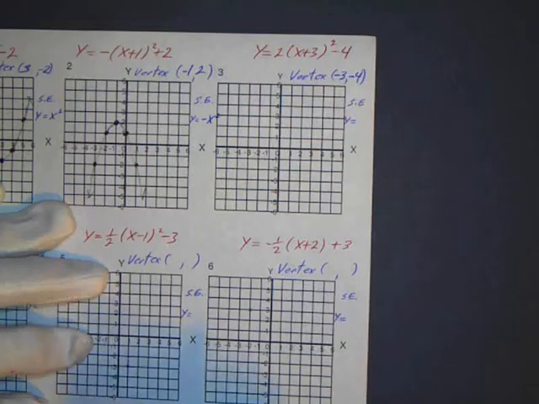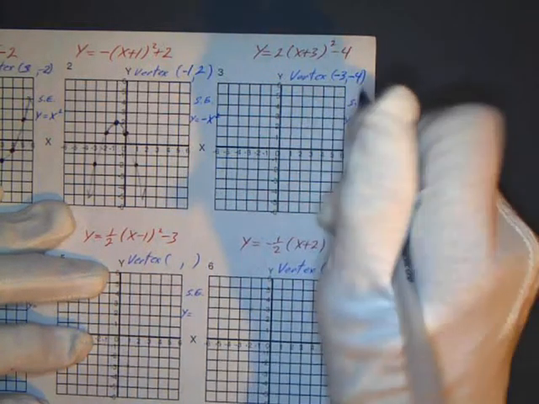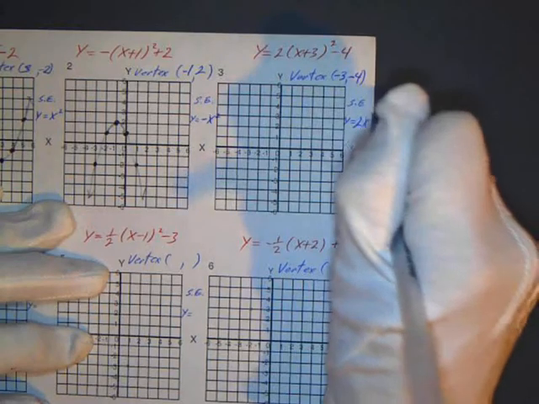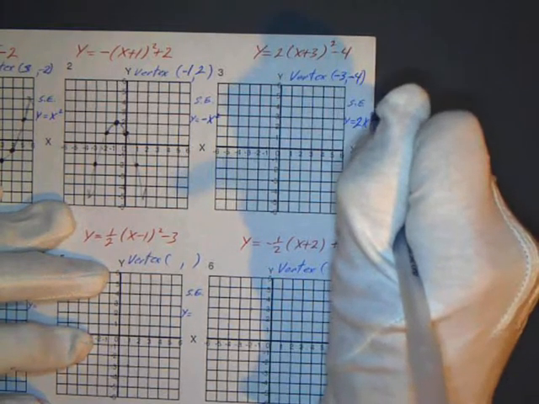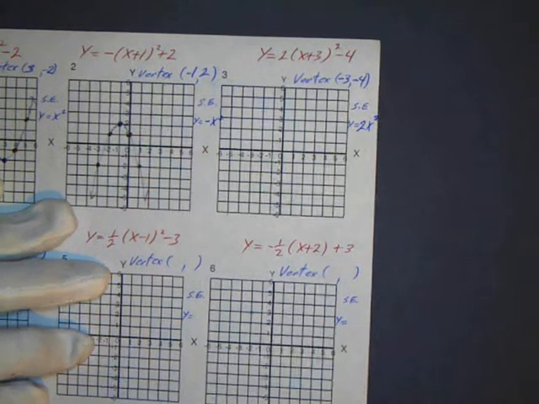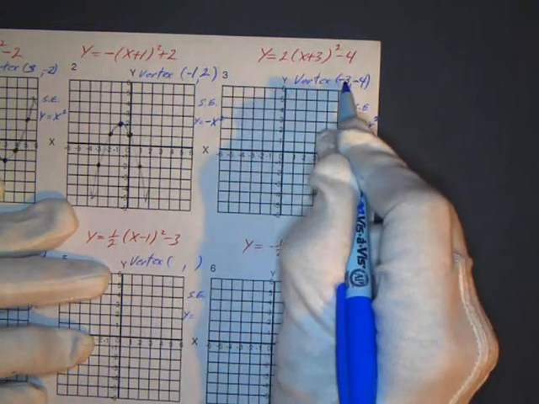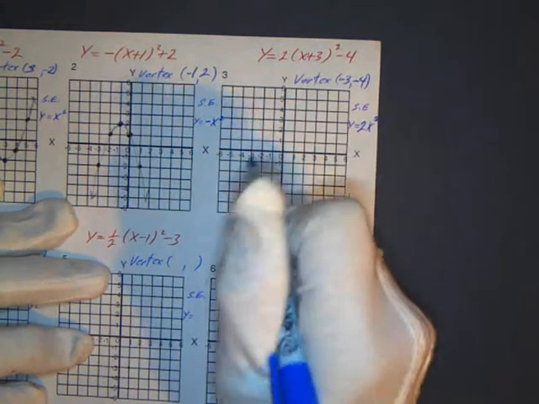And my shape equation, well, if I cover up the vertex, I just have 2x squared. So there's your shape equation, 2x squared. And then plot the vertex. The vertex is going to be negative 3, so the horizontal shift is 3 to the left, and the vertical shift is down 4.